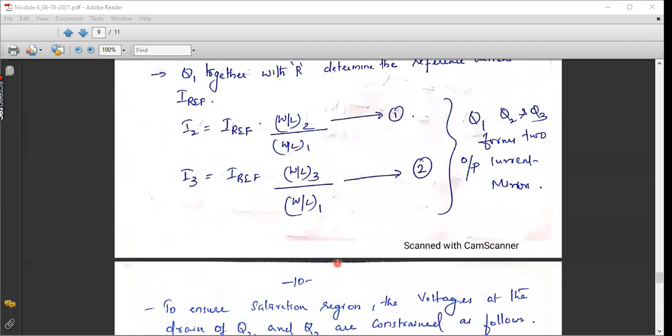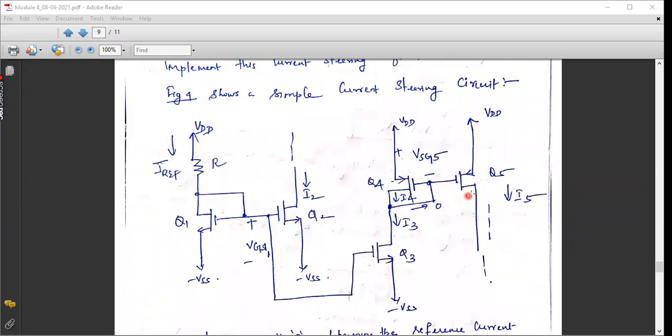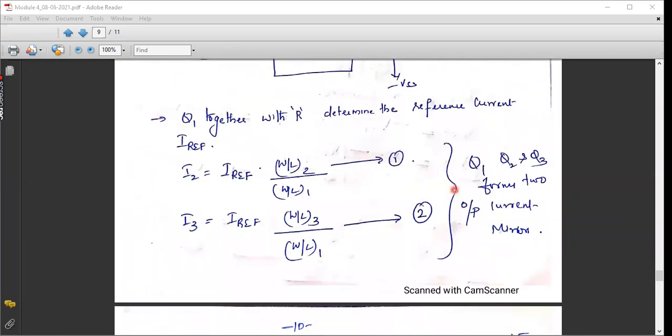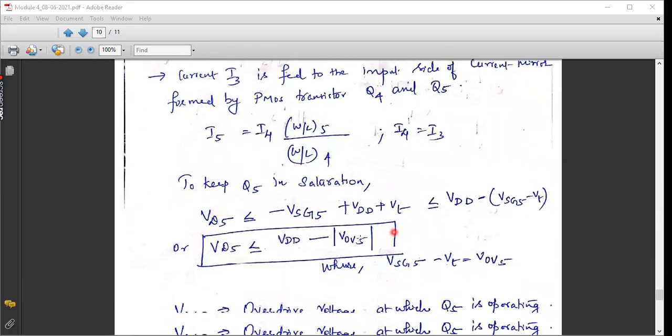But you can see that the transistor Q5 is a PMOS. It is not NMOS, it is a PMOS. So the condition of saturation will be just opposite to that of the NMOS. How will you write the condition of saturation? The output voltage of Q5, that is VD5, should be less than or equal to. Instead of greater than or equal to, what will you write, students? Less than or equal to.